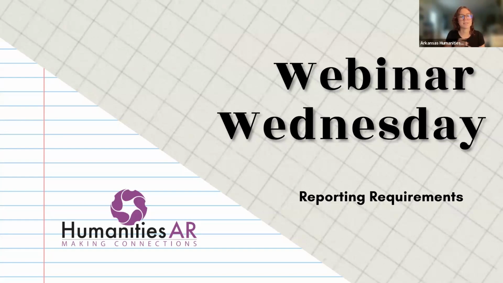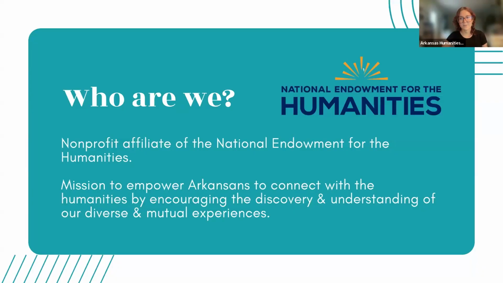We've started doing these as a way to assist prospective applicants and grantees every month become more familiar with our grants, trying to make them less daunting if we can. Just to start off, if you do not know who we are, we're a nonprofit affiliate of the National Endowment for the Humanities. Our mission is to empower Arkansans and connect through humanities.